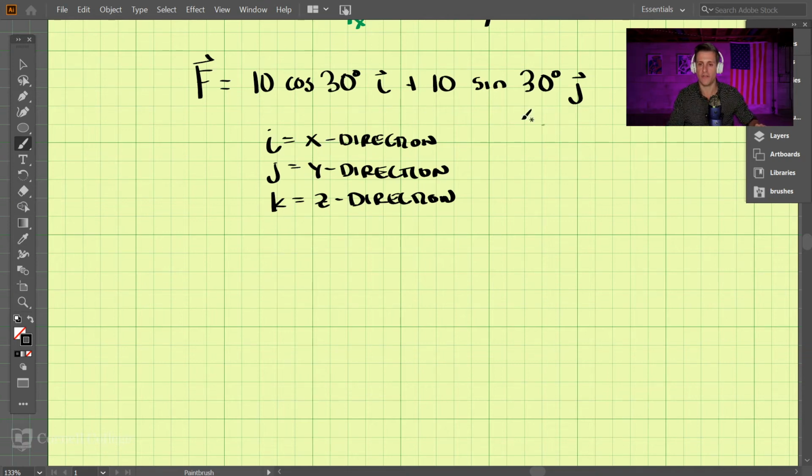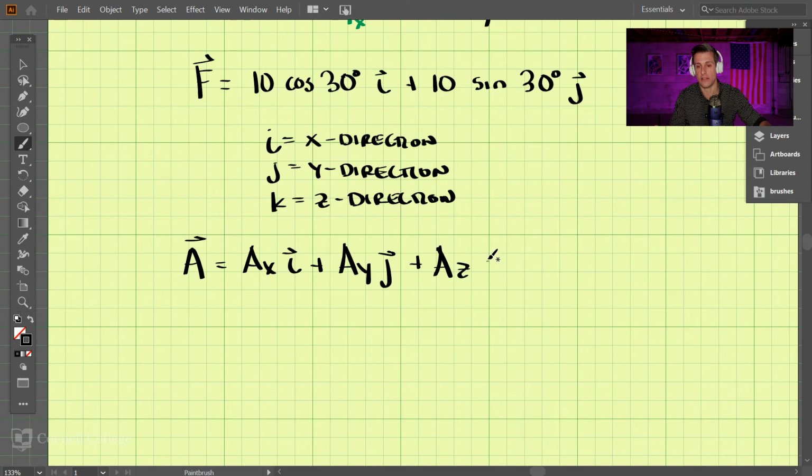So if we're given a vector in this form, let's say we're given a vector A is equal to Ax in the i direction plus Ay in the j direction plus Az in the k direction. So these are all numbers. You can think of Ax, Ay, and Az as numbers, and these are the directions here. So how do we find the total length or the magnitude of this vector?